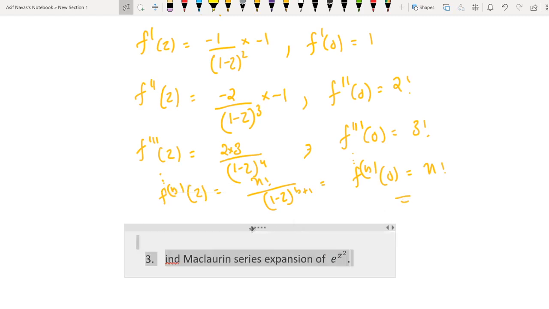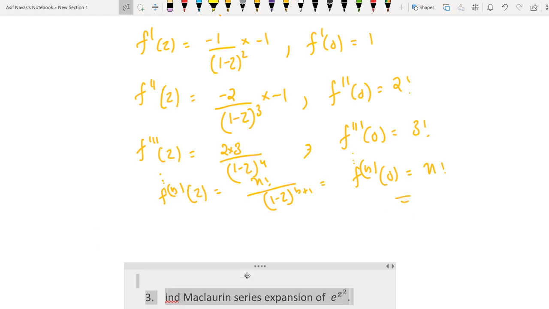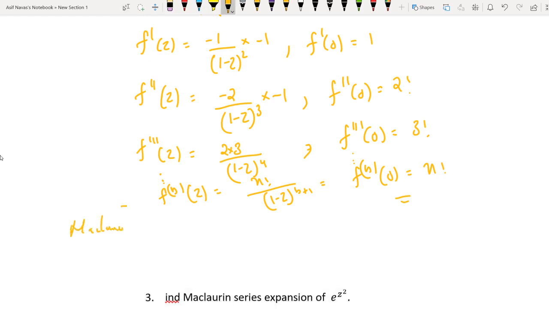So I will move this up. Okay, and so what is the Maclaurin series? The Maclaurin series of f of z equal to 1 by 1 minus z: what is f of 0? 1. Plus f dash of 0 is 1.